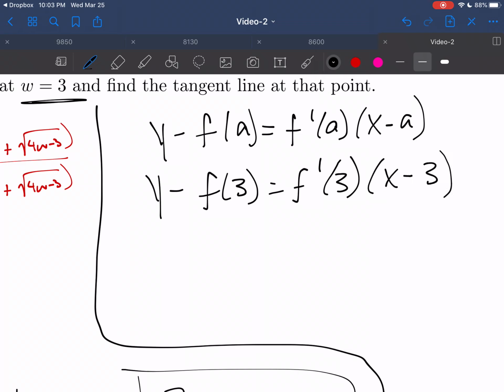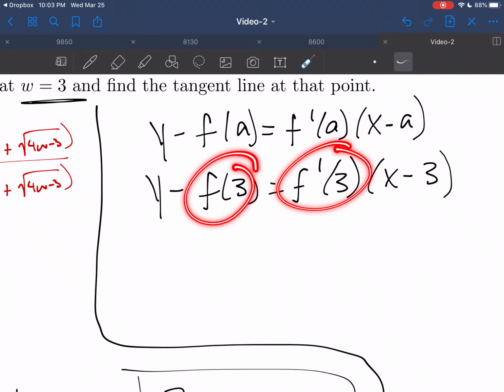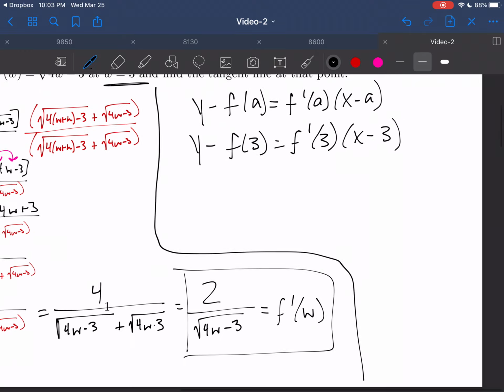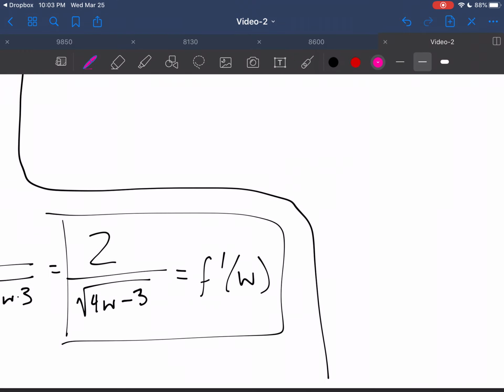Then we can plug in our values for f of 3 and f prime of 3. We can find those down here real quick. So f of 3 is going to be equal to 3. I'll work that one out.